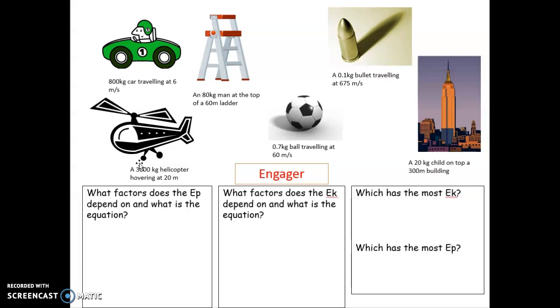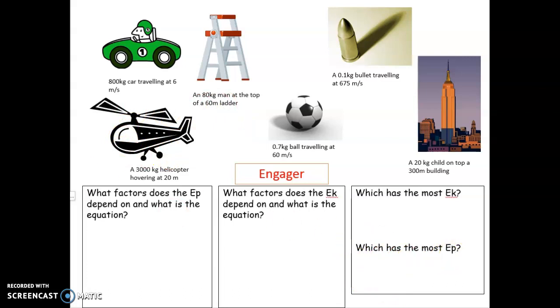For our man on the ladder, we've got 80 kilograms times 10 times 60, which gives us 48,000 joules. For the child, we've got 20 kilograms times 10 times 300, which means we've got 60,000 joules. So the helicopter is the one that has the most gravitational potential energy.